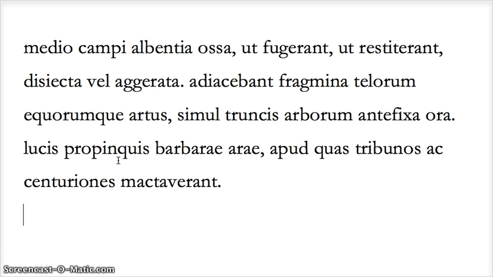Lucis propinquis, in the nearby groves. Understand there were barbarae arae, barbarian altars. Apud quas, at which, mactaverant, and these are the German enemies, they had sacrificed the tribunes and the centurions.